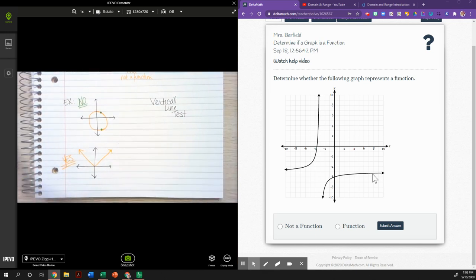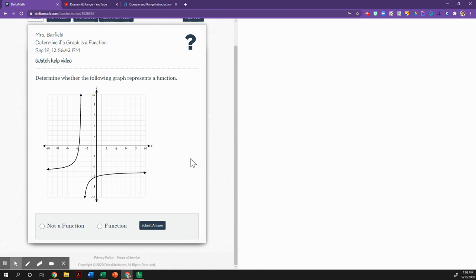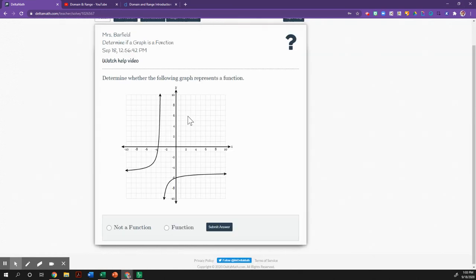Now if I go over here to Delta Math, and you're thinking, how do I tell? You have to envision a vertical line that's moving through. If I were to draw that vertical line, actually I can't draw it, I'm looking at my options. Imagine if I had a vertical line right here, here, here, here.